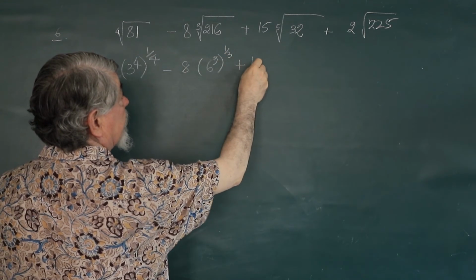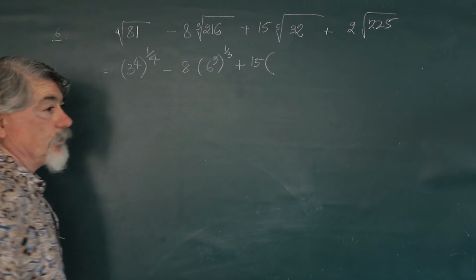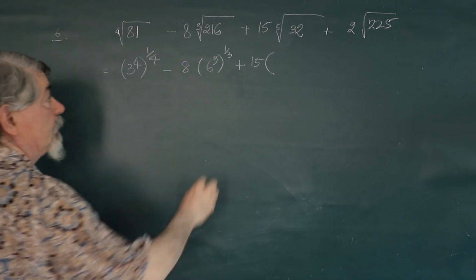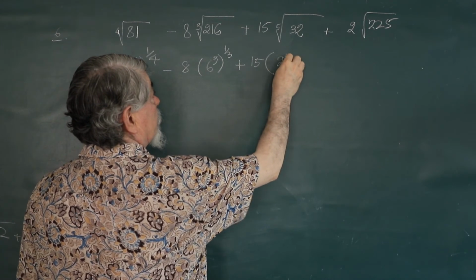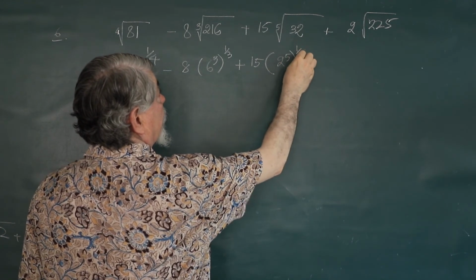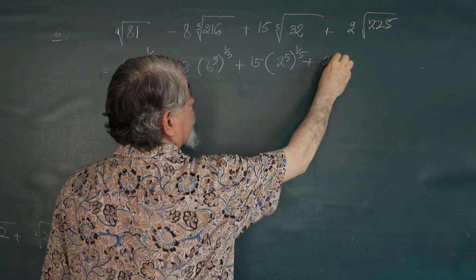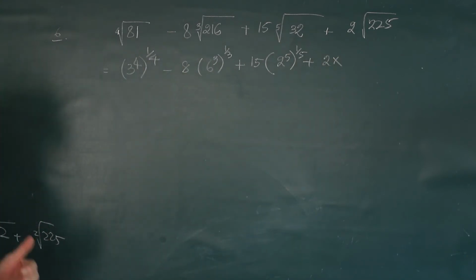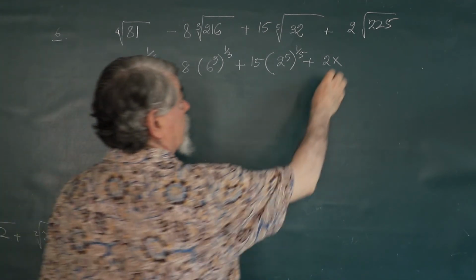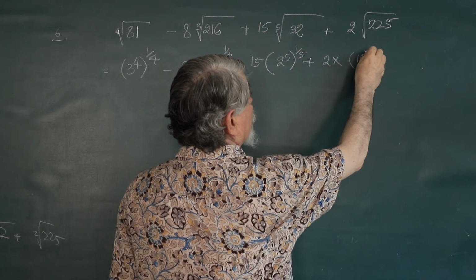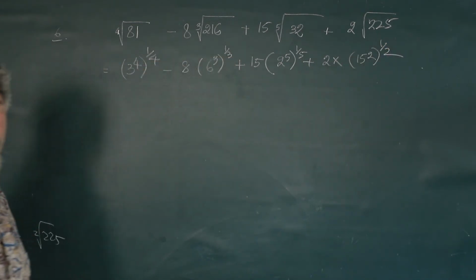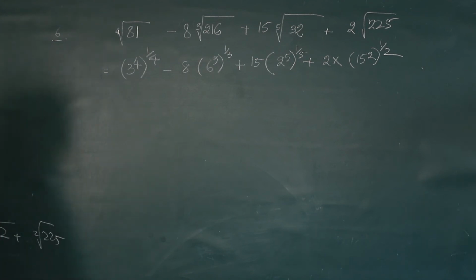Plus 15. 32 is 2 into 2 into 2 into 2 into 2, 2 to the power 5, to the power 1 upon 5. Plus 2 into 15, 225 is 15 into 15, 15 to the power 2, to the power 1 upon 2, because root is to the power 1 upon 2.